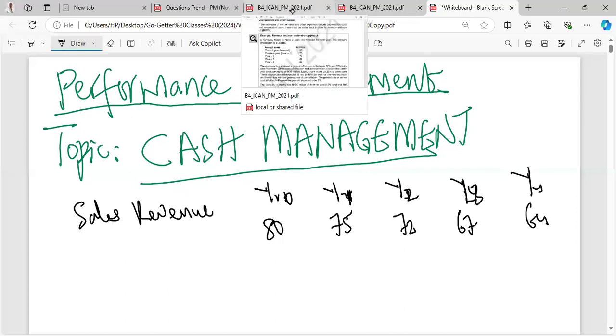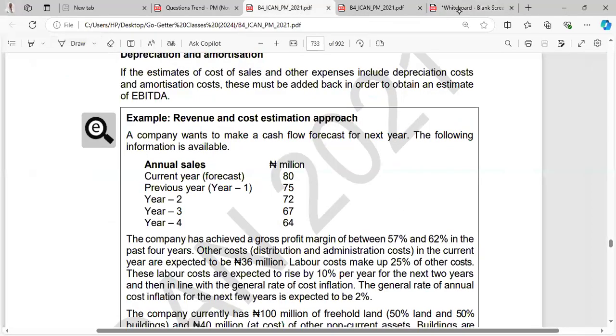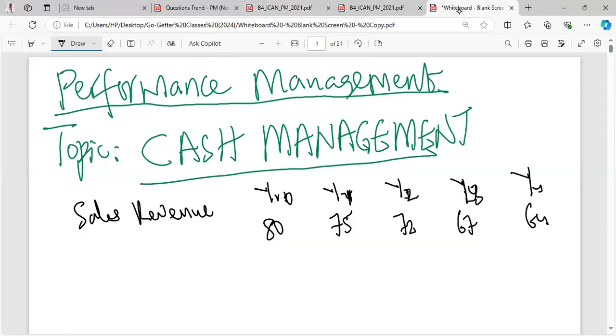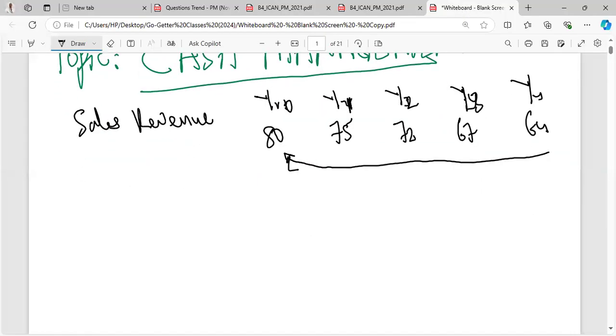Okay. So what is the increase? Because this is where you are coming from, coming to this side. First of all, for the sake of replicating what was done there, we have 80 divided by, this is the current year, the last available year up to 4 years.